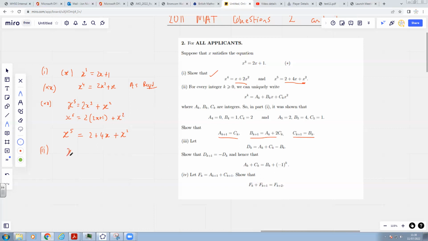I'm going to write down x to the k equals a_k plus b_k x plus c_k x squared. And I suppose I can times it by x once again to get an x to the k plus 1.